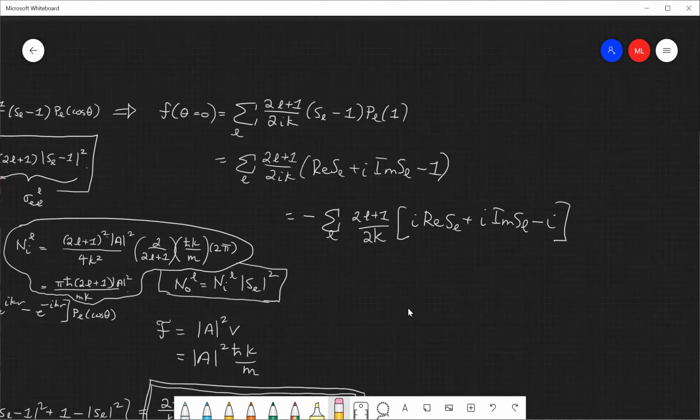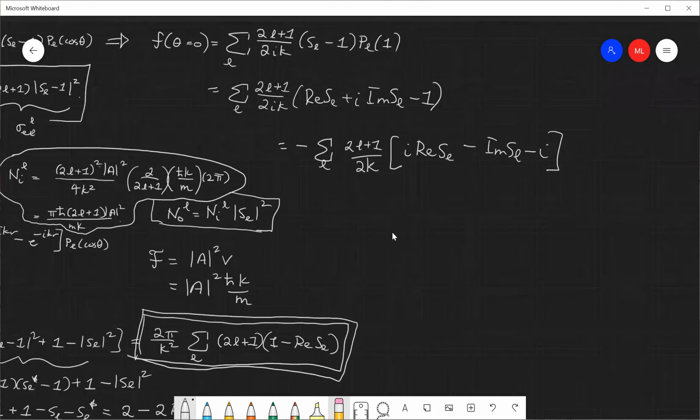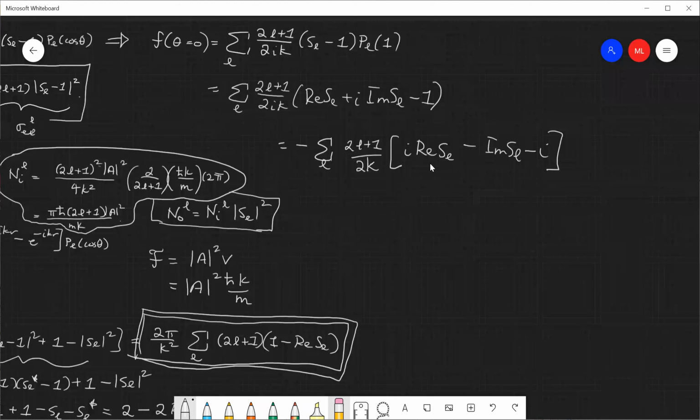There's no I. You get an I times I, which is a minus 1. This is the minus sign. So if we compare, here it's I times stuff, real part of S minus 1.